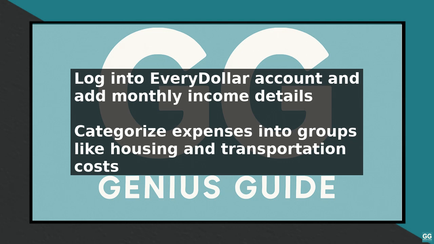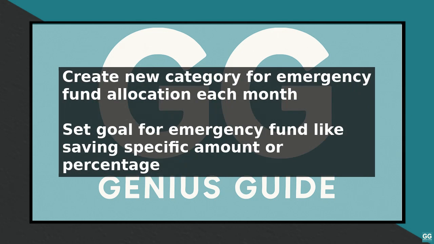When allocating funds to your emergency fund, consider the 50-30-20 rule. Allocate 50% of your income towards necessary expenses, 30% towards discretionary spending, and 20% towards saving and debt repayment, including your emergency fund.